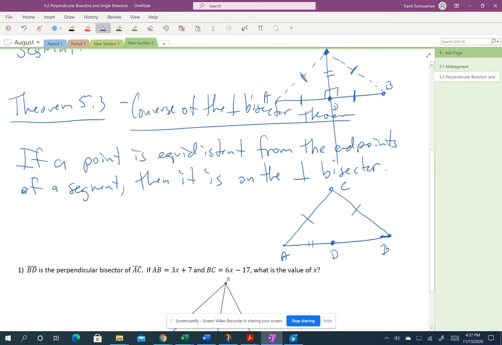If we were to do the median, we would say, draw in D as the midpoint. And then when we connect CD, what we need to show is that CD is also perpendicular. We constructed it so that it's a midpoint. We need to prove that given C being equidistant from A and B, if D is the midpoint, then it's also a perpendicular line. The way you do that is proving those two triangles congruent again by side, side, side, because we have three sides congruent in the two little triangles, which means this angle is congruent to this angle, but they're also supplementary.